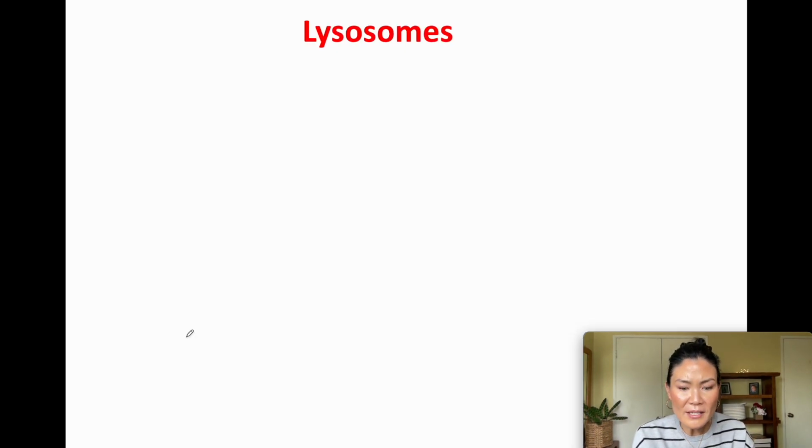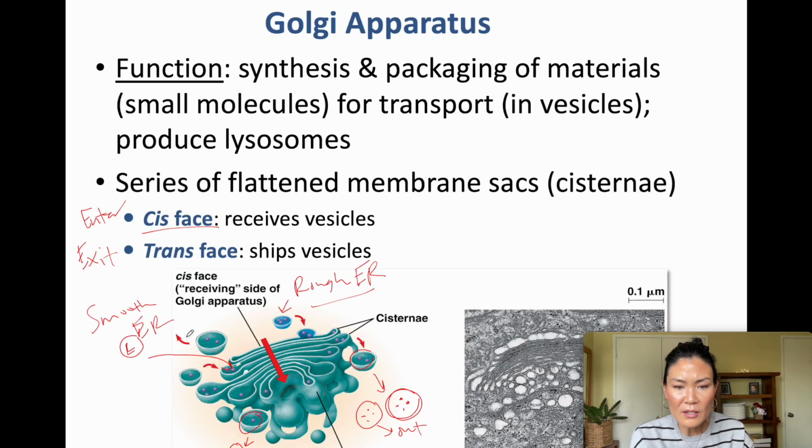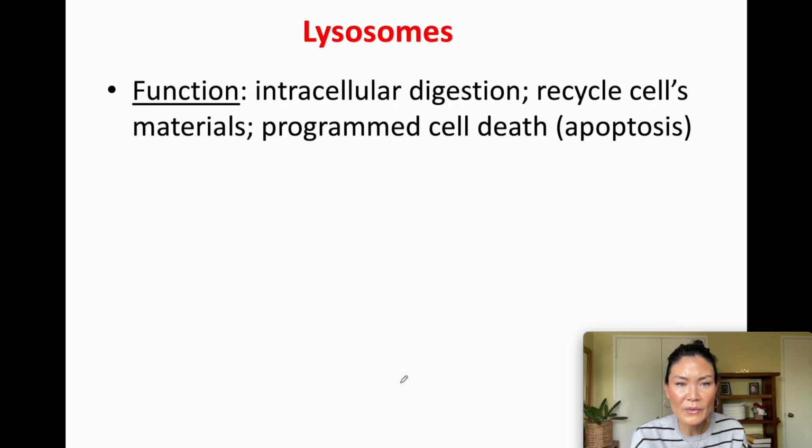All right, so the lysosomes, like I said, the proteins that are made on the rough ER, they get modified in the Golgi, and they get shipped in a vesicle, and they might stay inside the cell. Those proteins are enzymes, and that becomes an organelle called a lysosome.